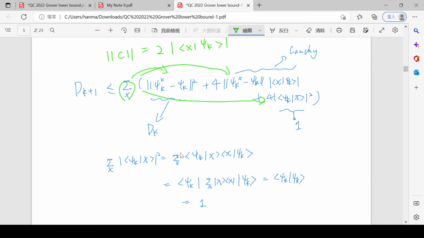If you want to see this in a longer calculation, you can write this norm as the inner product of psi k with x and the inner product of x with psi k. Then we play with our Dirac notation. We separate the middle part into a projector onto x, and all other things don't depend on x, so we can put the sum over x inside. If you sum over all computational basis states, this is identity. So this thing is just psi k inner product with psi k, so this is 1.